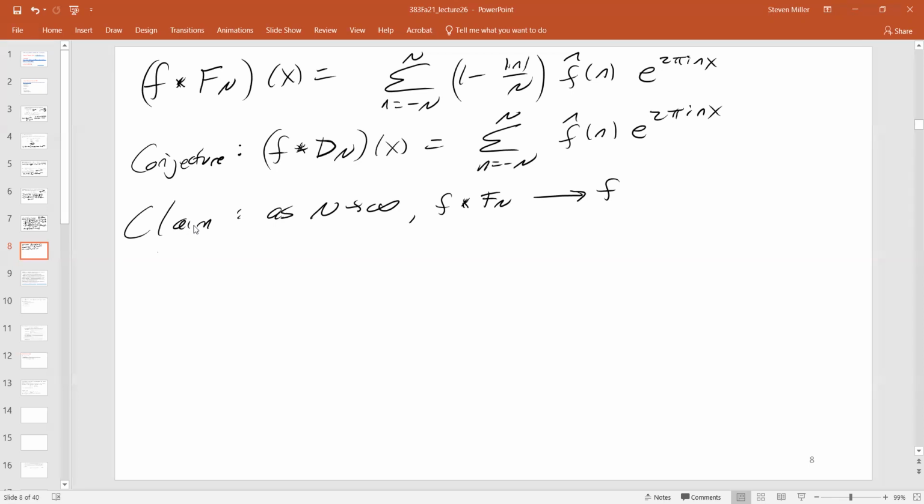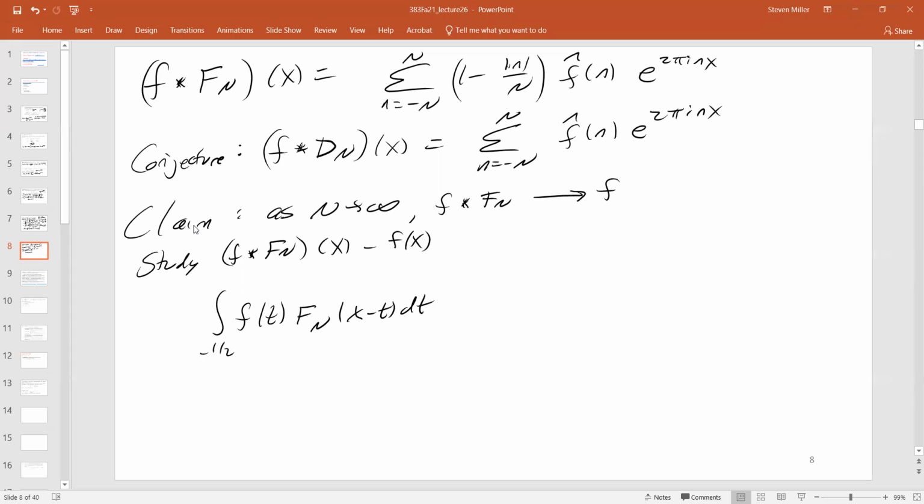So we want to study f star fn of x minus f of x. We want to figure out how to study this. Well, we know f star fn of x is just the integral from -1/2 to 1/2 of f of t fn of x minus t dt.